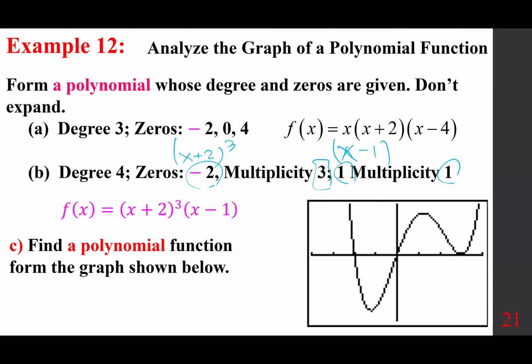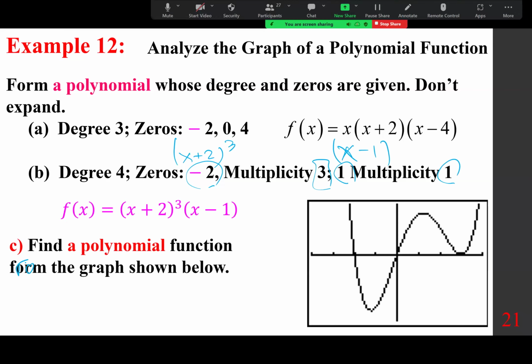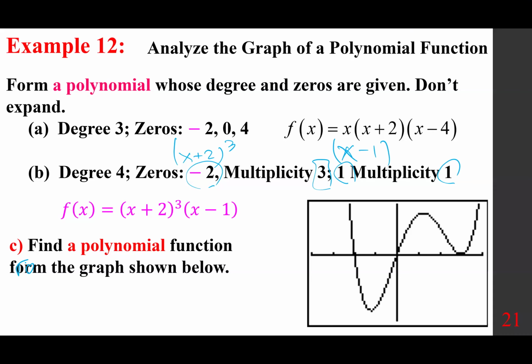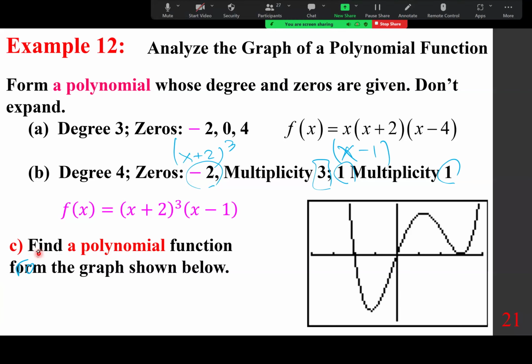Find a polynomial function from the graph shown below. So we just analyze the graph and we can figure out what's going on. We have the x-intercepts.